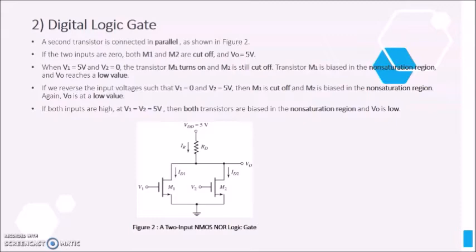If we reverse the input voltages such that V1 is 0 and V2 equals 5 volts, then M1 is cut off and M2 is biased in the non-saturation region. Again, VO is at a low value. If both inputs are high, at V1 equals V2 equals 5 volts, then both transistors are biased in the non-saturation region and VO is low.